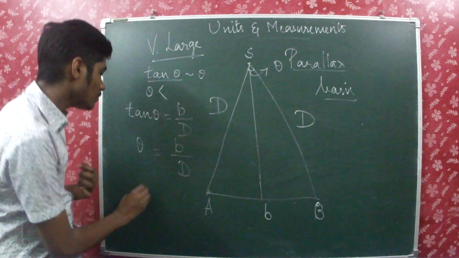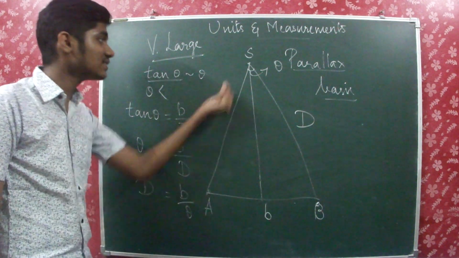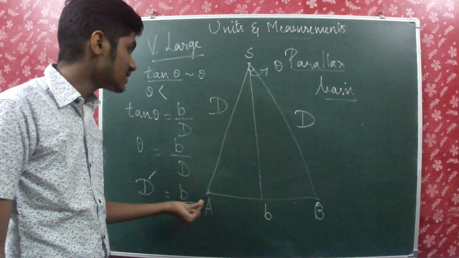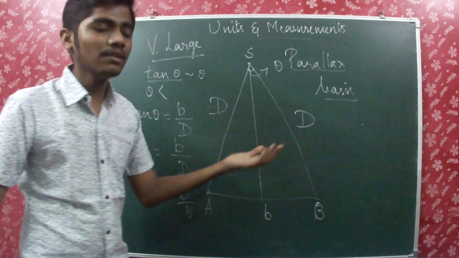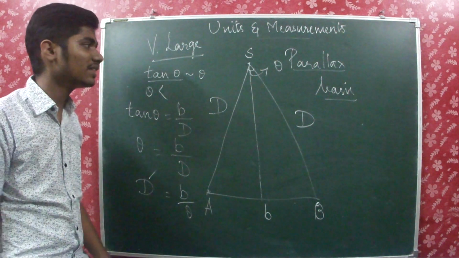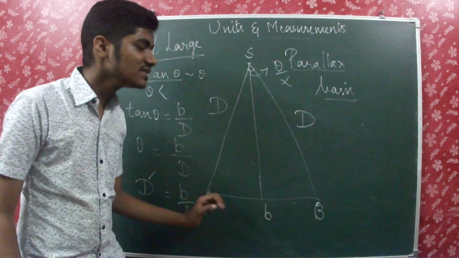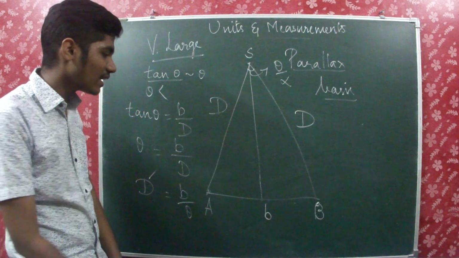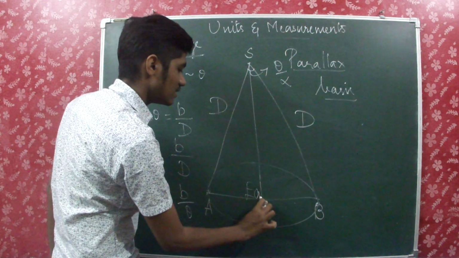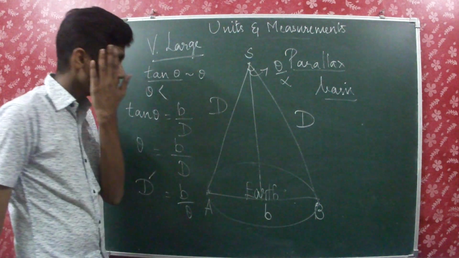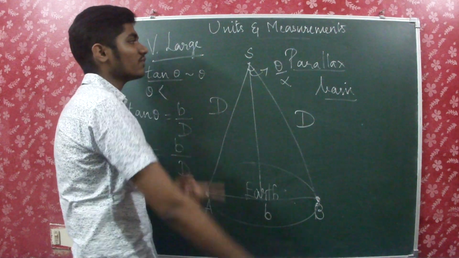So this is how you can measure d, that is b by theta. You can measure the large distance from the point to the star. So d is equal to b by theta. Now if you consider this to be alpha, and this is a planet, let us consider this to be Earth, and we are taking two points on the opposite axis of the planet.